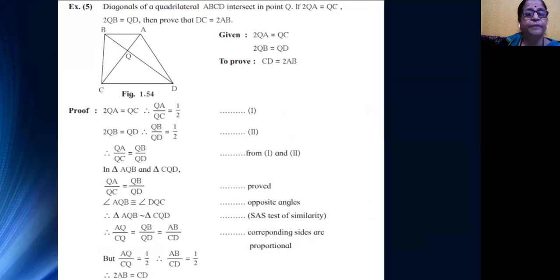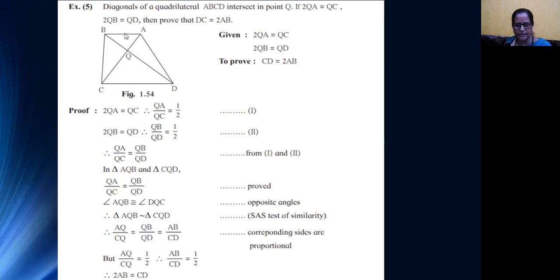In the next example, we have to prove that DC is equal to 2AB. How is it possible to show this? The diagonals of a quadrilateral ABCD intersect in a point Q, and if 2AQ is equal to QC and 2BQ is equal to QD, then prove that DC is equal to 2AB.